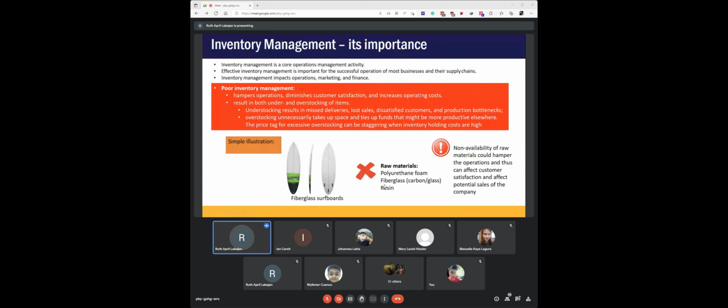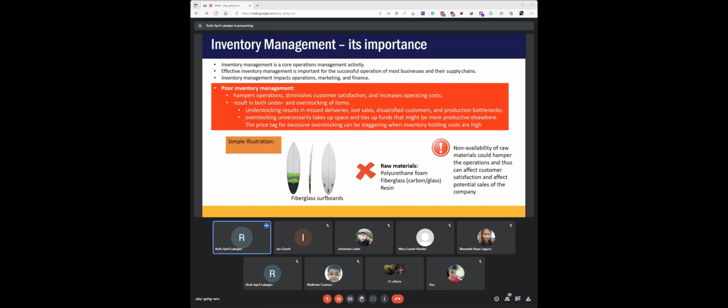And let's say that there's a customer order of 500 surfboards. But since you were not able to anticipate that order, then your raw materials are not available, or let's say you have understock.